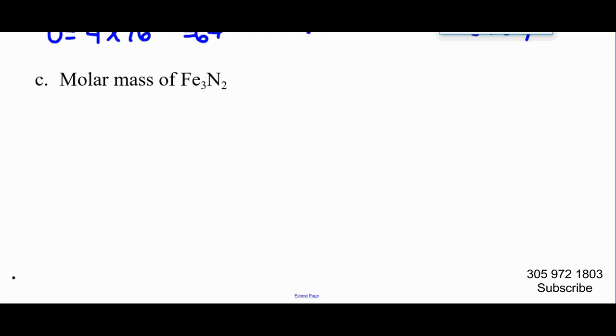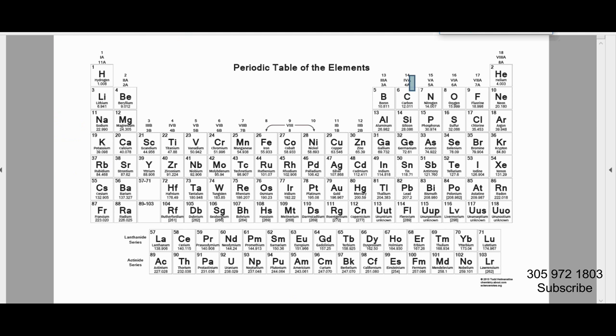Part C says find the molar mass of Fe3N2. So I have Fe 3 times, and I have N 2 times. I will go ahead and find their masses on the table. Back at the table, and I have the mass of Fe, which is 55.9.